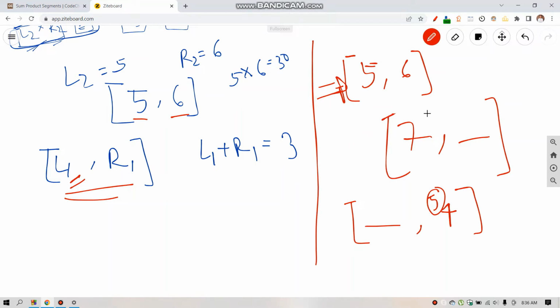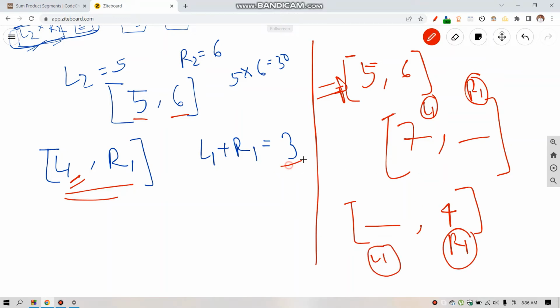One is L1 starting from 7 and R1 can be anything, and another option is R1 finishing at 4 and L1 can be anything. Now the value we have to make is 3. So the first segment is not possible, right? Because here L1 starts from 7, and what can be the value of R1? If we put the minimum value of R1 as 7, the addition is going to be 14, right? So this segment is not possible, but we can use the other segment.